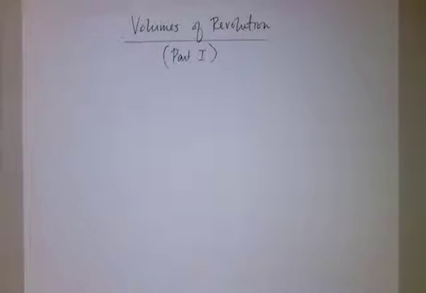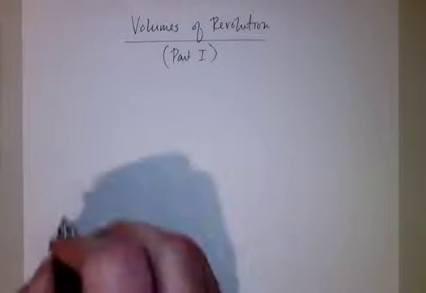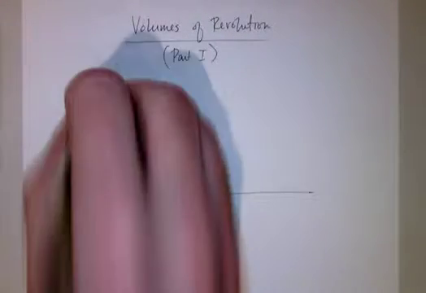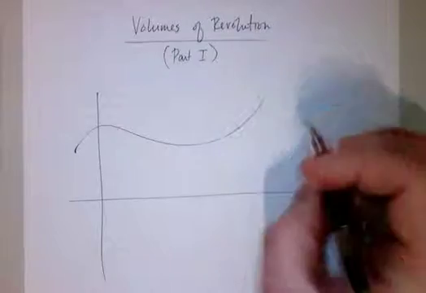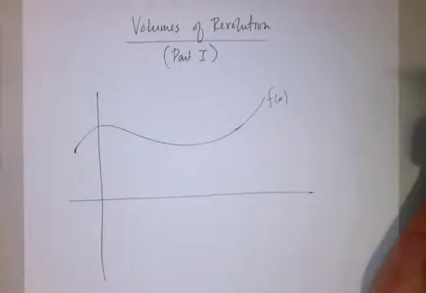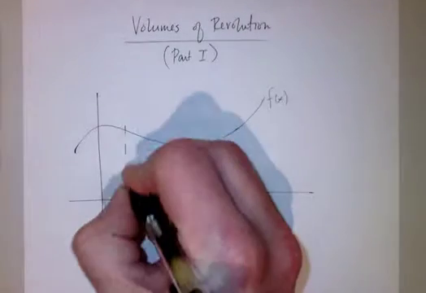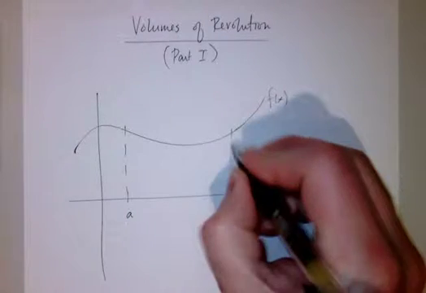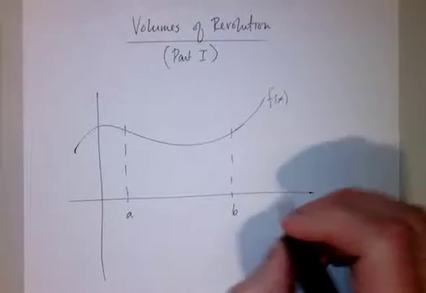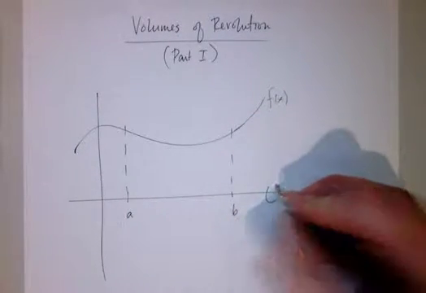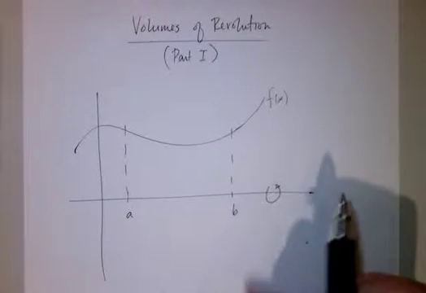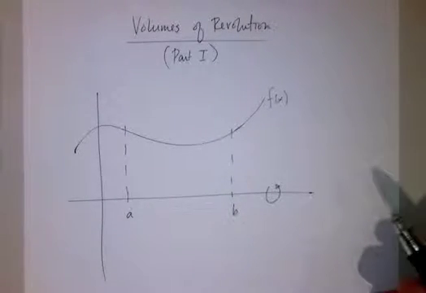Now, what happens is we are given, let's say, this f of x right here, and let's say from A to B, I want to find the volume as if I had revolved it around the x-axis.